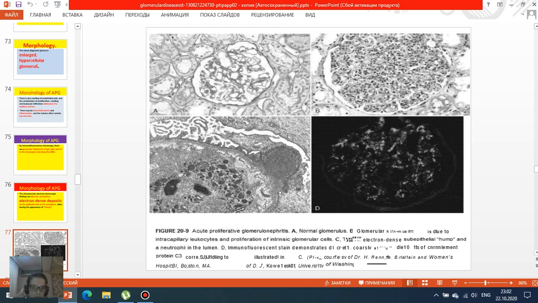B is a glomerulus in acute proliferative glomerulonephritis, with intracapillary leukocytes and proliferation of intracapillary cells. C is an electron-dense subepithelial hump and a neutrophil in the lumen. And in D, you can see an immunofluorescence stain demonstrating protein deposits in these glomeruli.